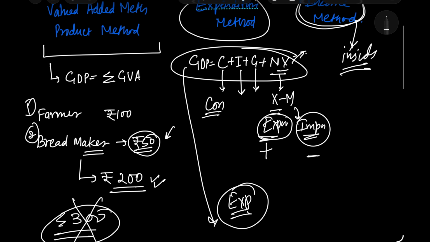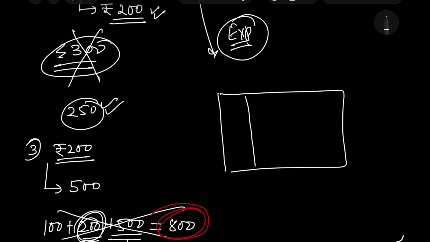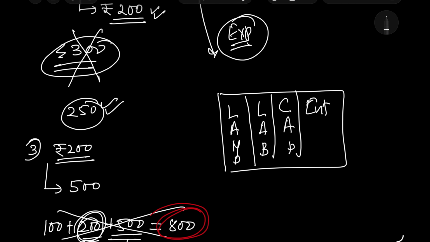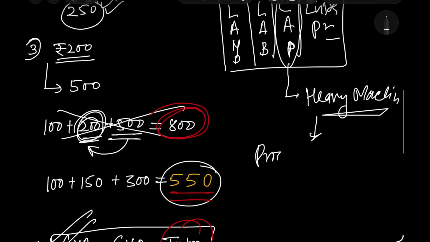Inside the pocket means, as I have already told you, that there are 4 factors of production, which are land, labor, capital, and entrepreneur. Now here capital doesn't only mean money. Capital means any capital goods or heavy machinery that enables us to process the intermediate goods and convert them into a final good.